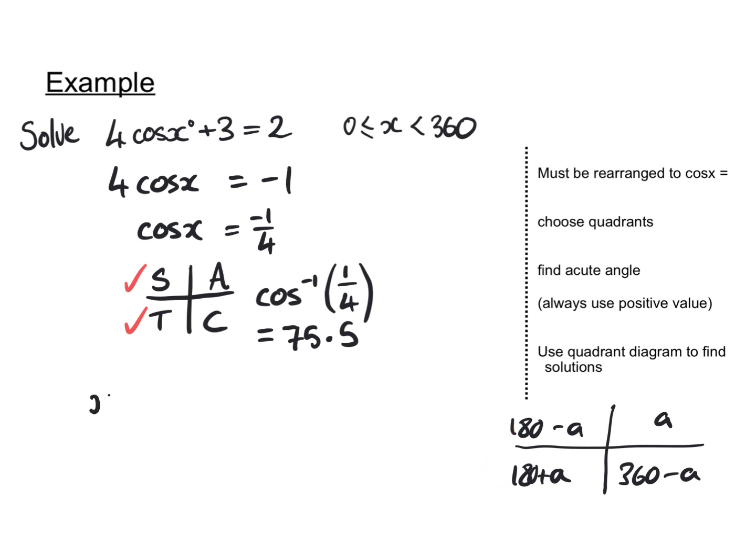So underneath we're going to write x equals, and we've got 180 minus my acute angle. Remember, this is where I've worked out my acute angle, so it's 180 minus 75.5. So I'm going to write that out. And the second quadrant here is this quadrant here, which corresponds to this rule, 180 plus the acute angle.